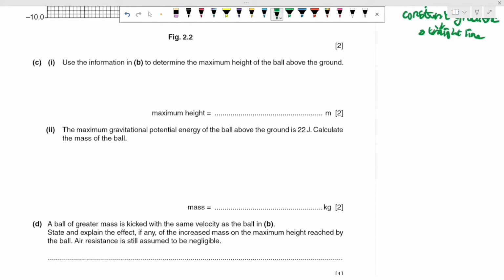Using the information, determine the maximum height that has been traveled. So I basically know that my displacement is equivalent to my area under the graph. In my area under the graph, this is a triangle, so it's going to be half base times height.